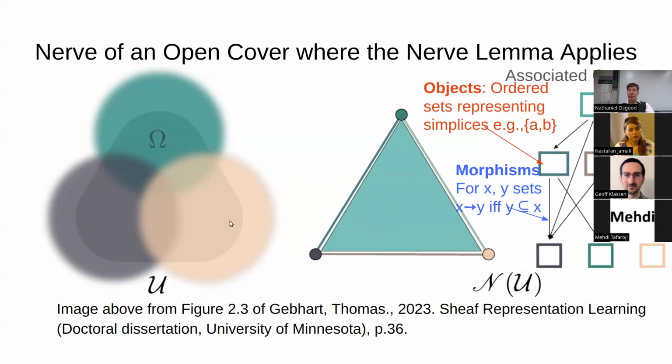So a lot of work in algebraic geometry and a lot of work in computational geometry, and indeed a lot of work with sheaves, might involve taking some space, geographic, spatial, maybe involving sensors embedded in space, and you abstract it into a simplicial complex.